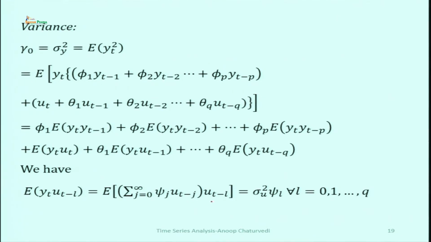So, for L equal to j, you get psi L, and then you have expectation of u t minus L square, which is sigma square u, and all other terms have expectation 0. So, for all L equal to 0, 1, and so on up to q, expectation of y t u t minus L is equal to sigma square u psi L.